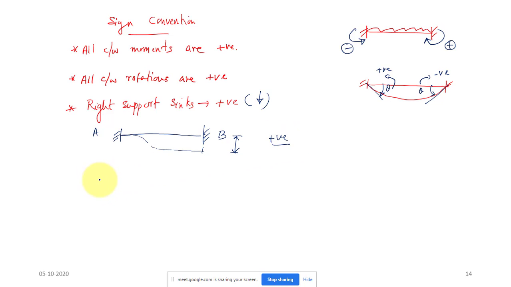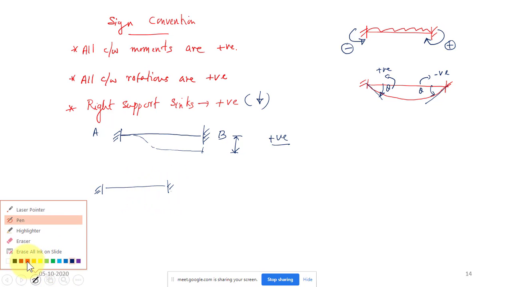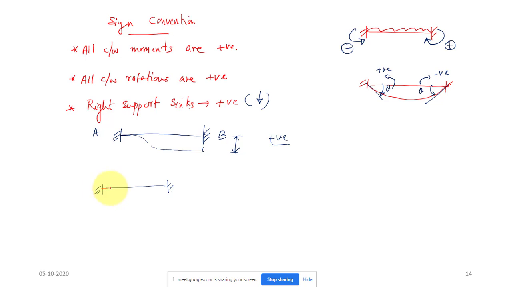Let us assume a case like this. If right support downward is positive, then what should this delta be? It should be negative, right? Right support going down is positive.